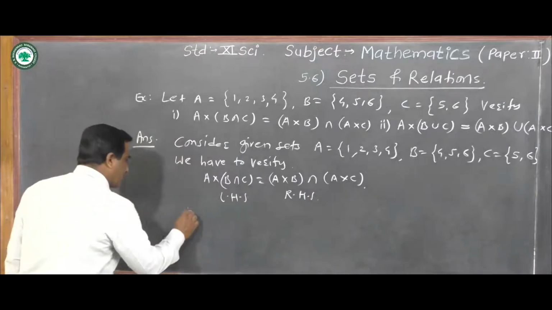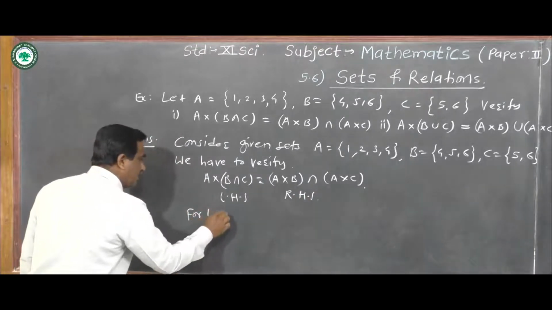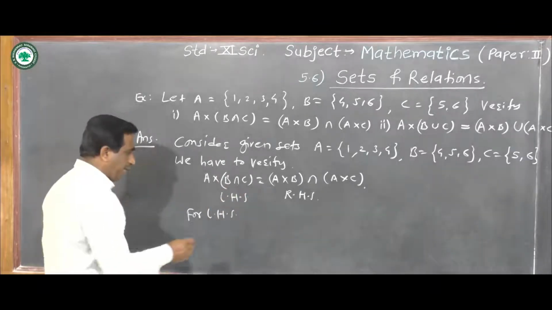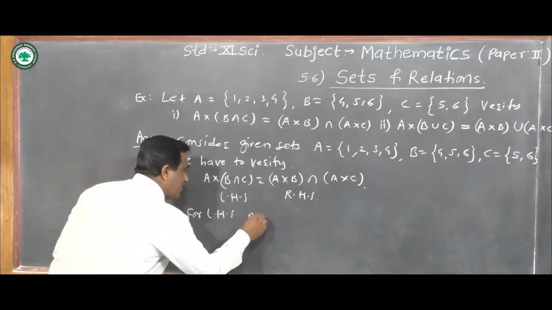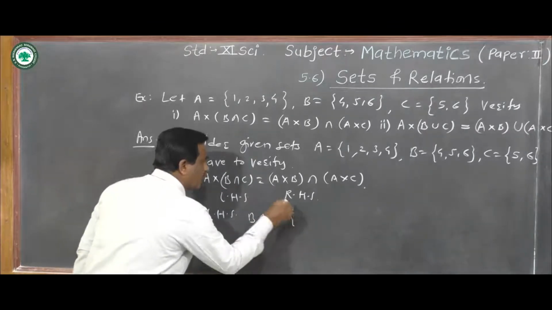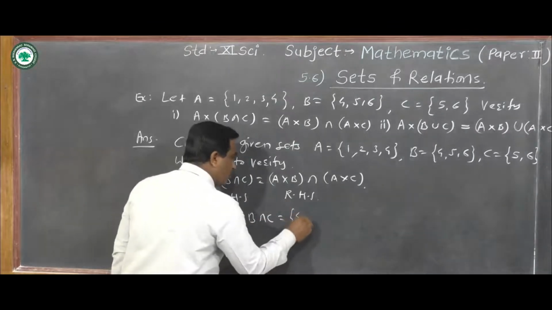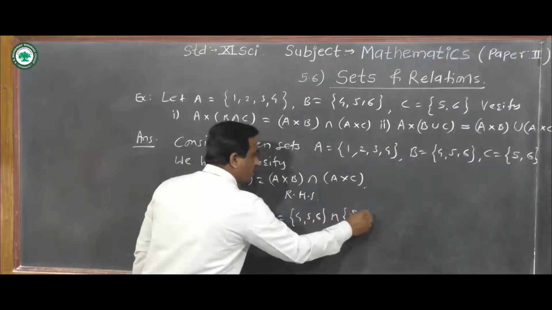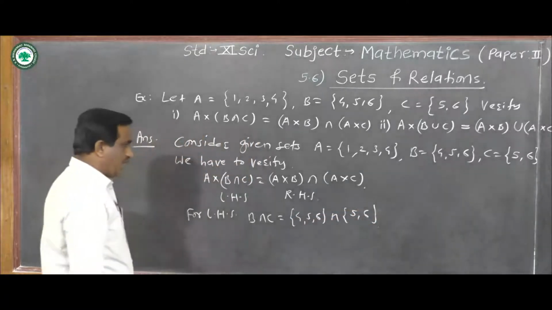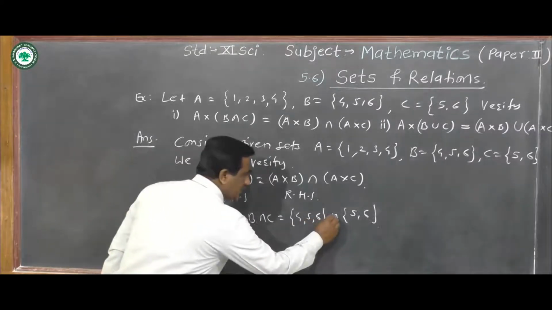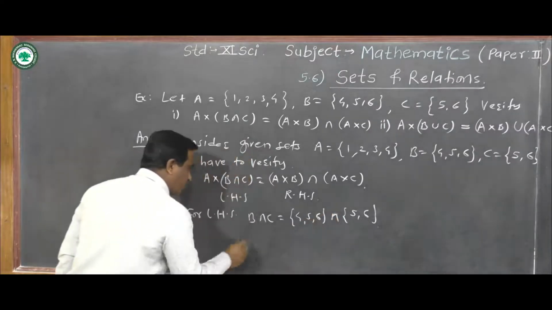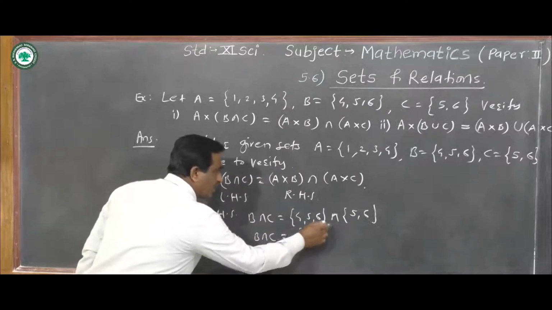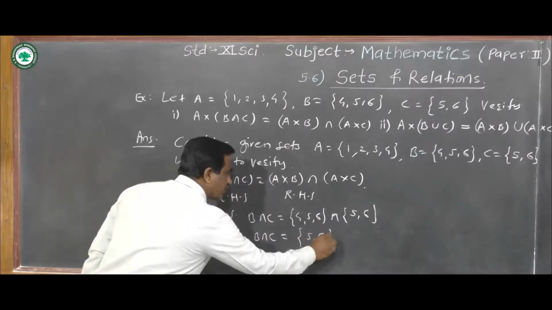For LHS, first we find B intersection C. B intersection C is equal to, set B is 4 5 6, intersection set C 5 6. Now common elements in both sets, intersection of these two sets, that is B intersection C is equal to 5 6.